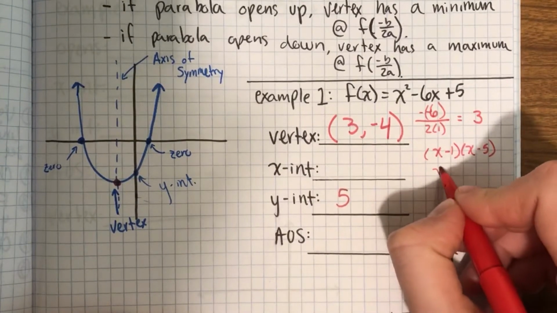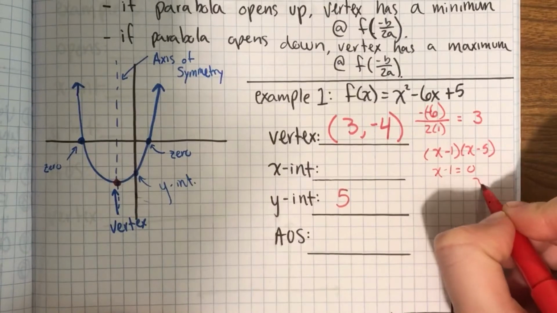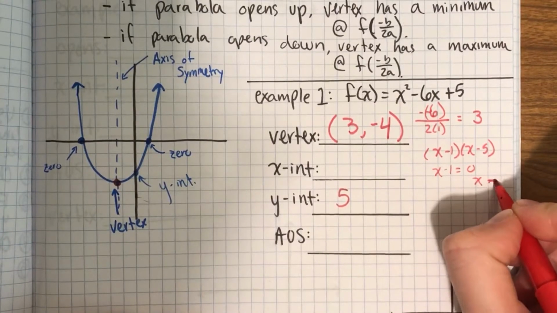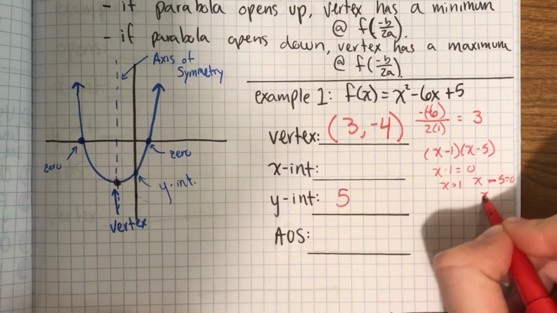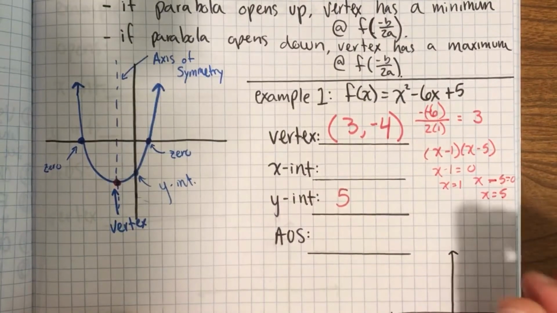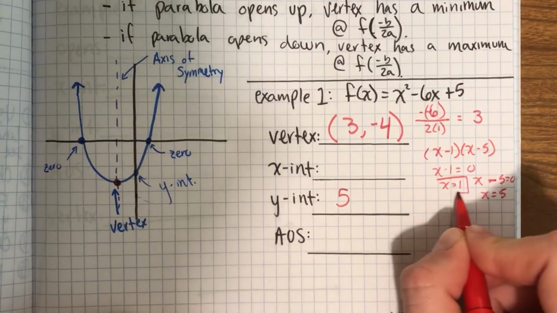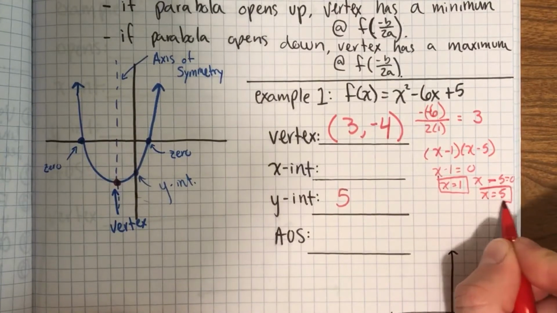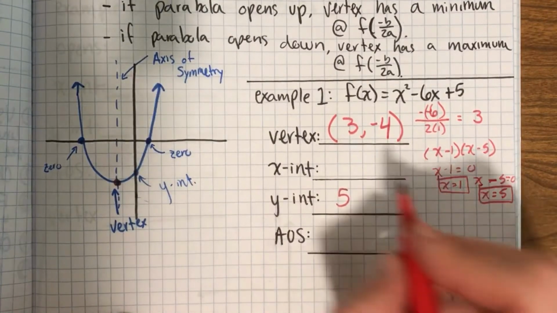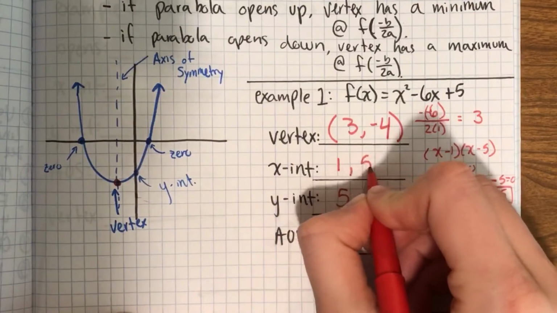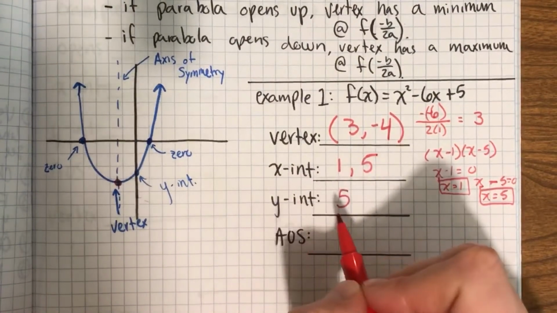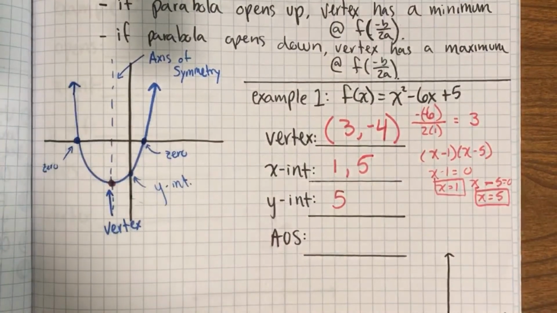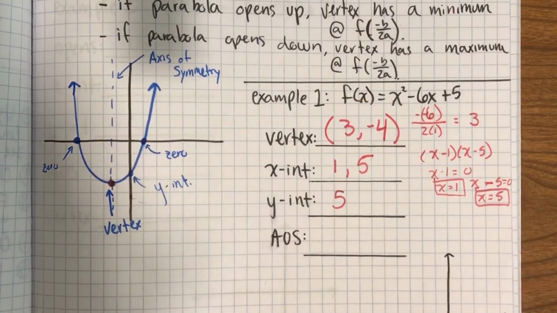So I know that my two zeros are going to be 1 and 5. That can get us our two zeros, and they might be called x-intercepts. Sometimes you might see them as roots, zeros, solutions. All of those are appropriate for an x-intercept.